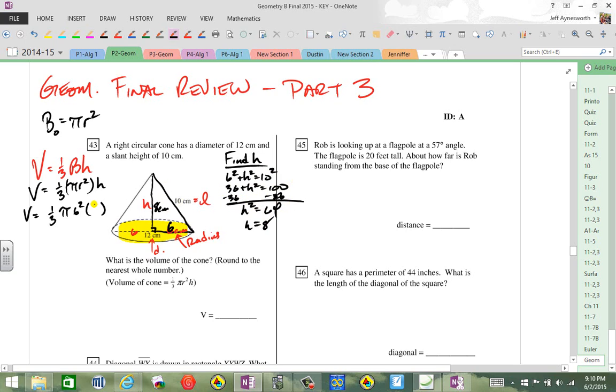That's the height. So let's bring it in over here. So we have 36 times 8 times pi. Now, 36 is divisible by 3, so 1/3 times pi times 36 times 8. See, I mean, a third of 36. Do a little mental math here. That is 12. 12 times 8, that's 80 and 16. That's 96.